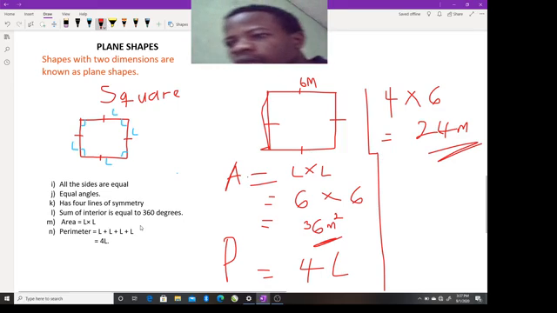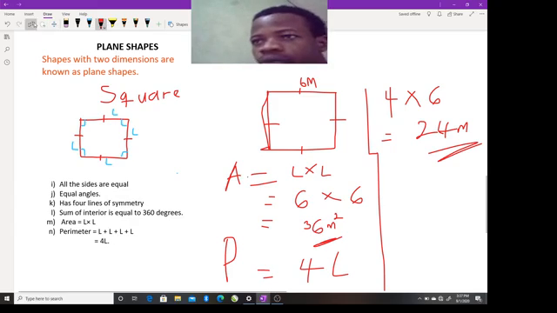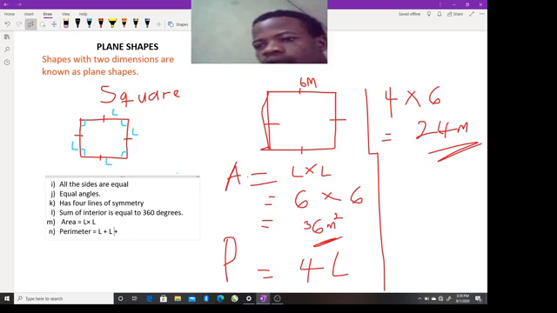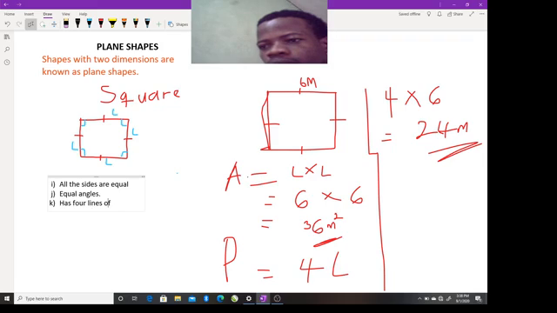Let's check another shape. What other shape can we check? Okay. Let's check a rectangle. Let's talk about the properties.